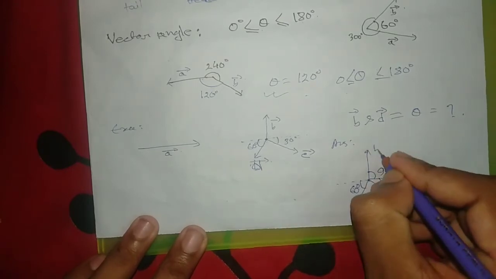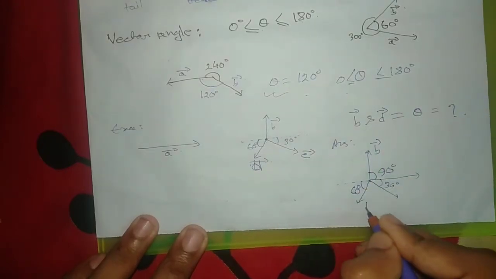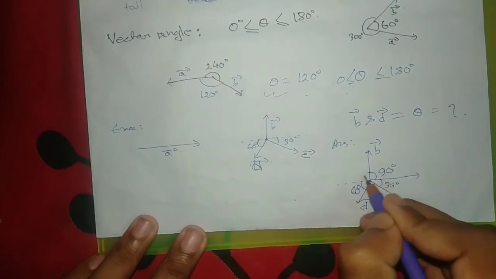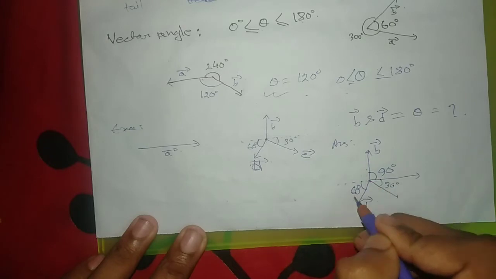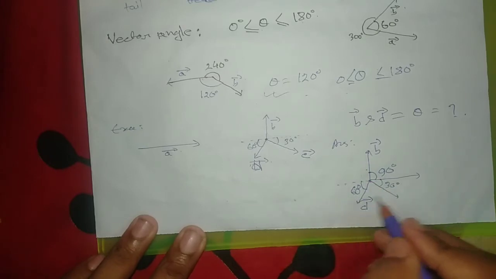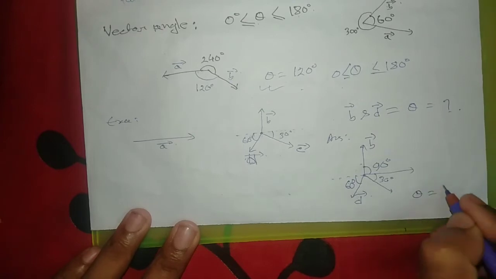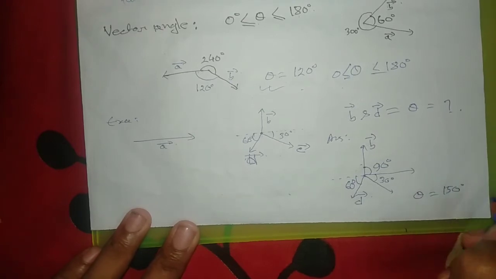So B vector and D vector, it is 90 degrees, so it is also 90 degrees. So 90 and 60 total 150 degrees. So theta equal to 150 degrees. Okay, it is clear.